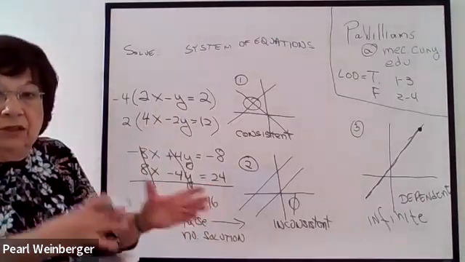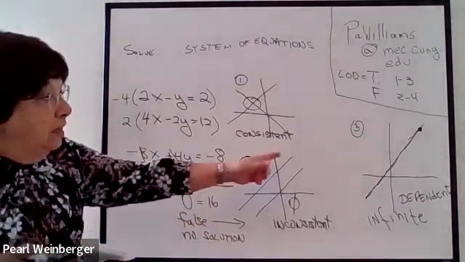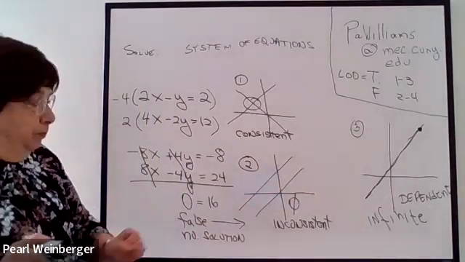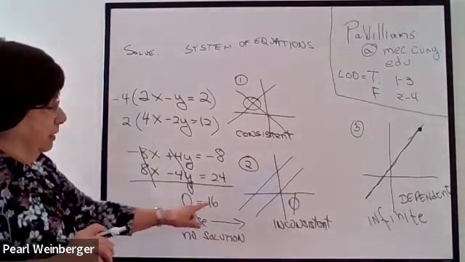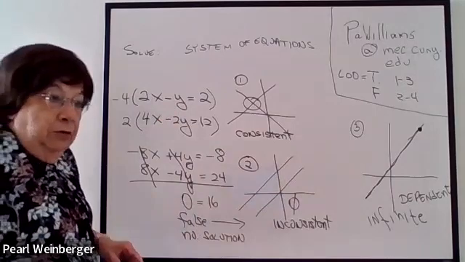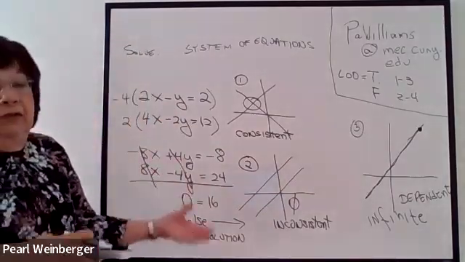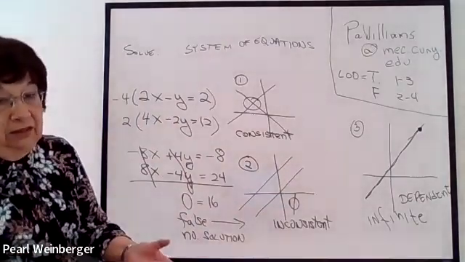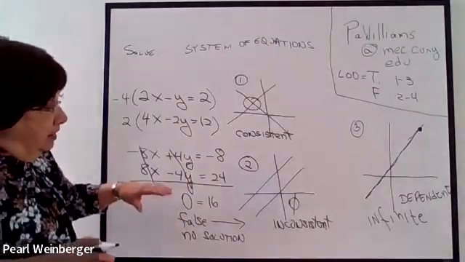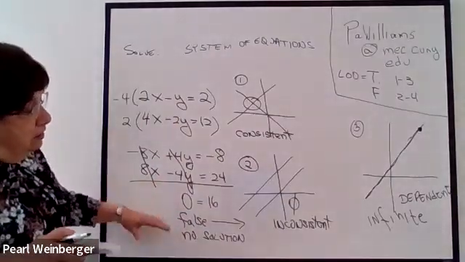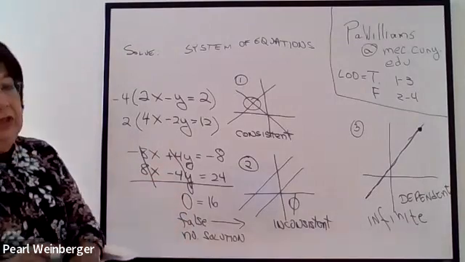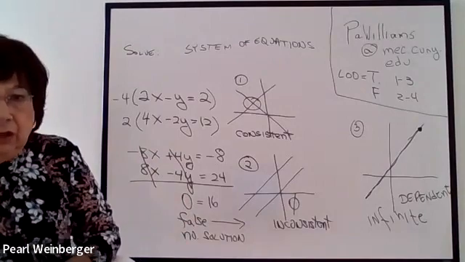As long as you get the same exact thing on both sides, it means that you have a dependent system of equations. But if you get a statement that doesn't make sense, like 0 equals 16, or negative 2 equals 4, anything where the two numbers are not the same, that's an inconsistent system of equations. It's a false statement, so there's no solution to that system of equations.